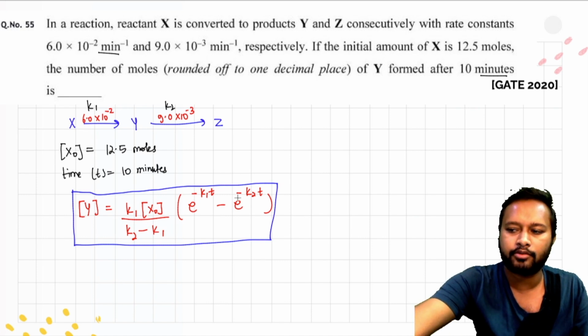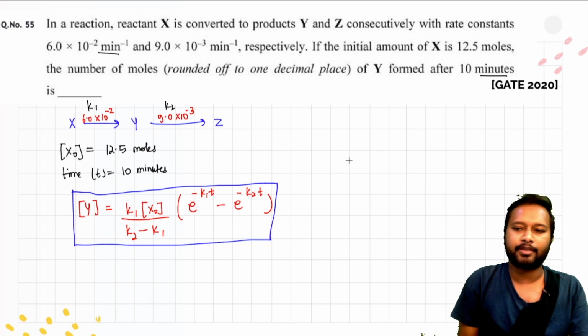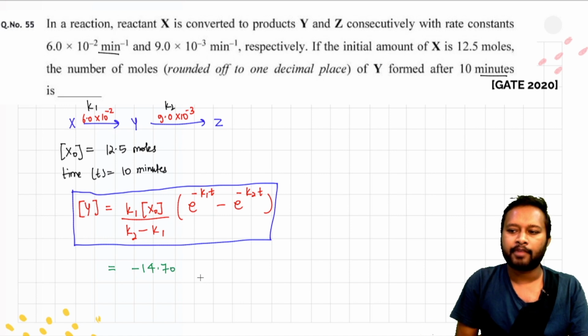I am not going to solve this over here. You can just substitute the values and match down the calculation. On putting all the values here and solving, you will basically get minus 14.70, and this exponential part is going to be 0.5488, minus this exponential part, which will be 0.9139.